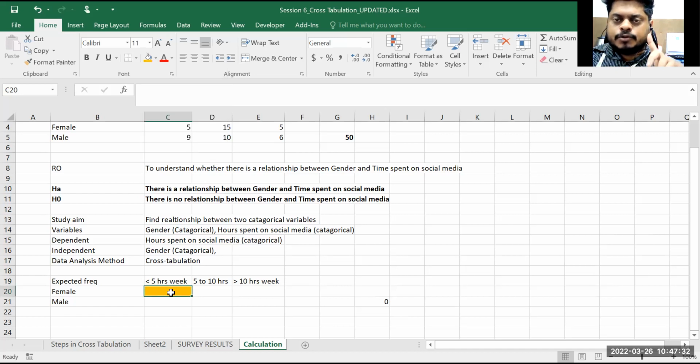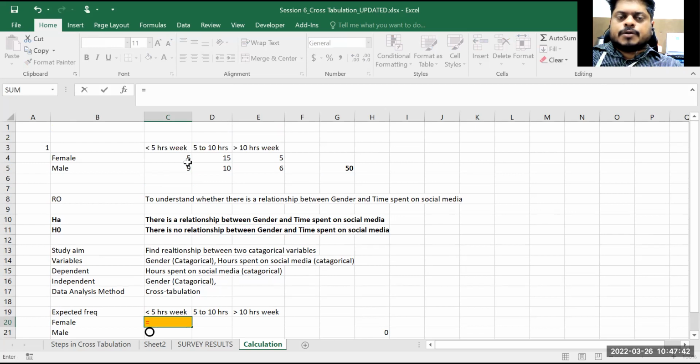Let's say I want to find out the expected frequency for this cell. Which cell? Less than 5 hours a week for female student, right? The formula will be equal to sign whatever the number in the row, right? Total number in the row, how much is it? 5 plus 9, 14, right?